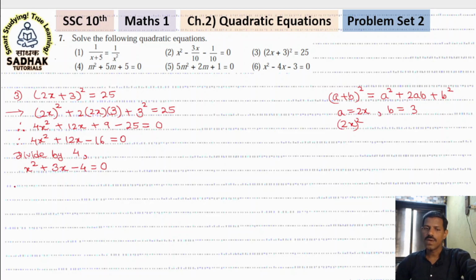Fine. Now can we solve this using factorization method? Yes, we can.